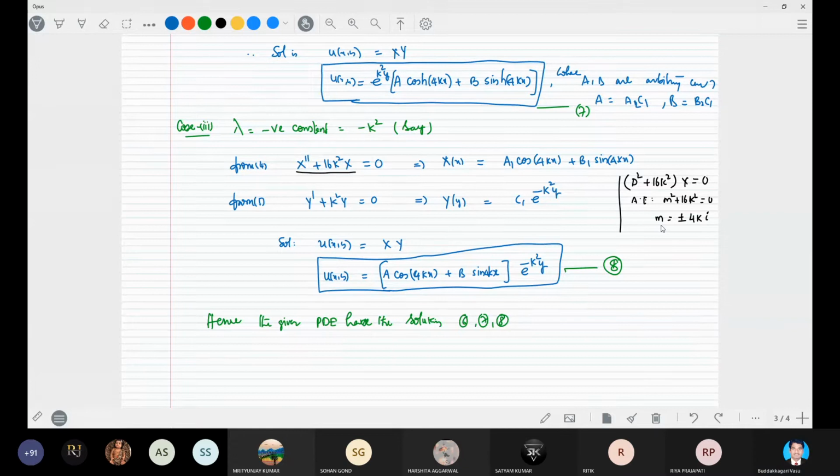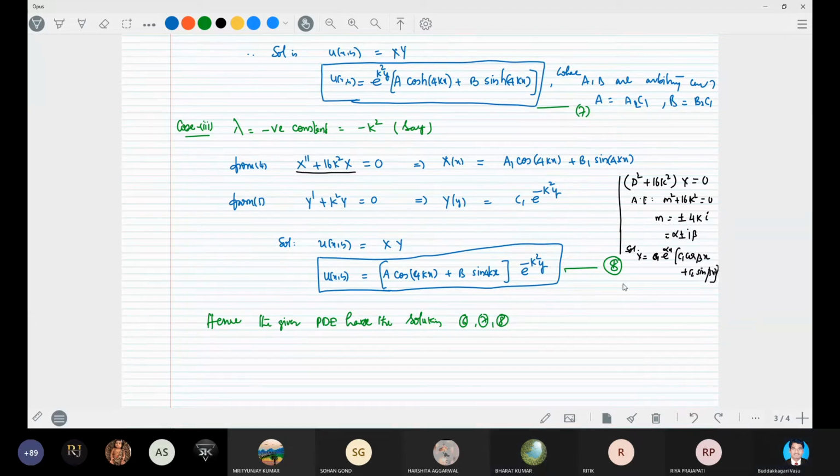If the auxiliary equation has complex conjugate roots, then what is the solution? The complementary function is C1 cos mx plus C2 sin mx, right? If you assume the roots are alpha plus or minus i beta, what will be the complementary function? e power alpha x into C1 cos beta x plus C2 sin beta x, right?